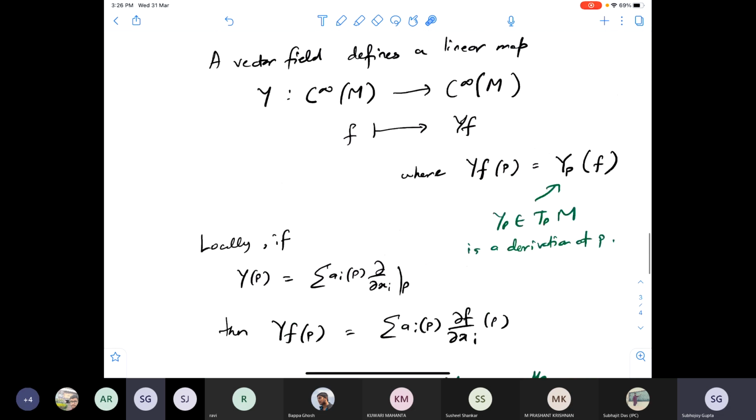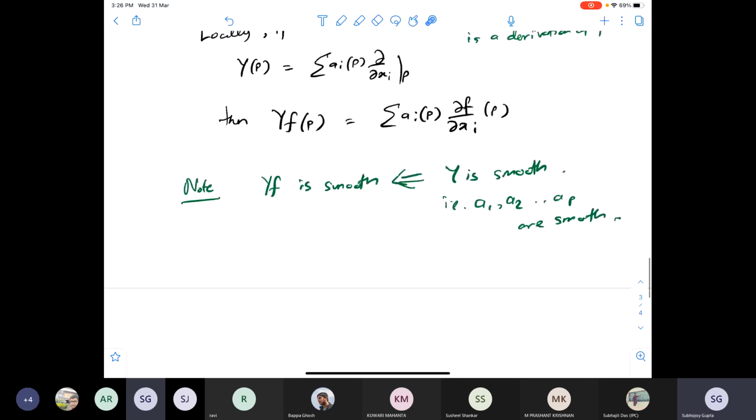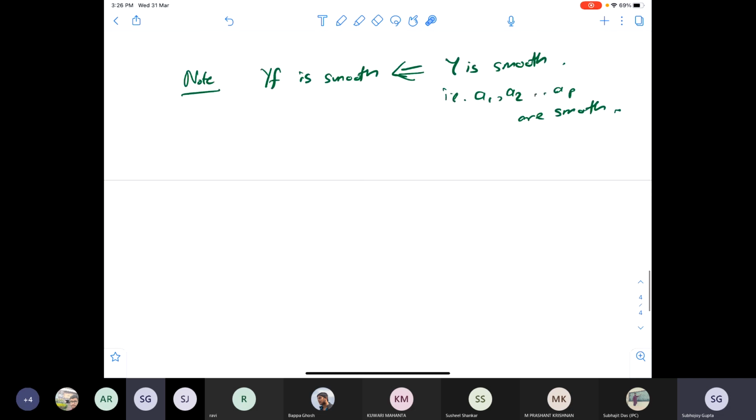So this is a linear map, but it has one more property. Just like we saw, derivations satisfy the Leibniz rule. The key property that we'll care about is the following: if you take Y of a product of two functions, it's going to be f times Yg plus g times Yf.